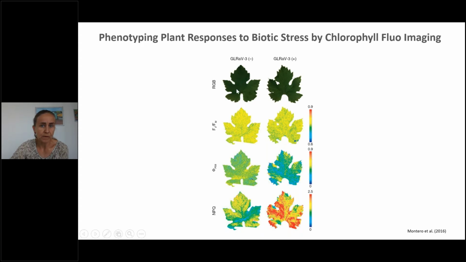On the top you see the RGB images, untreated and treated plants, and on the RGB images we don't see any effect. We don't see much difference on the level of the FV/FM parameter, but when we look at the PS2 operating efficiency as well, and mainly when we look at the NPQ, you can see that there is a dramatic change over the leaf level, and therefore the early symptoms can be effectively detected.